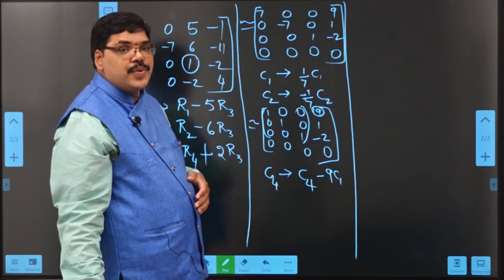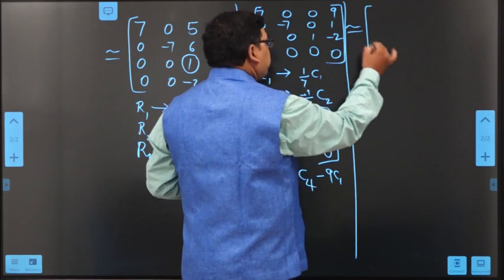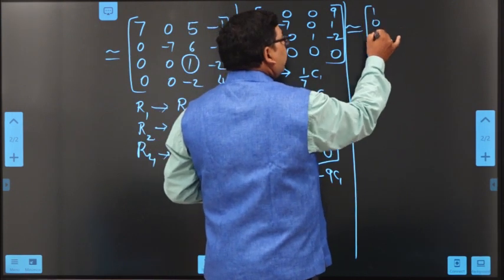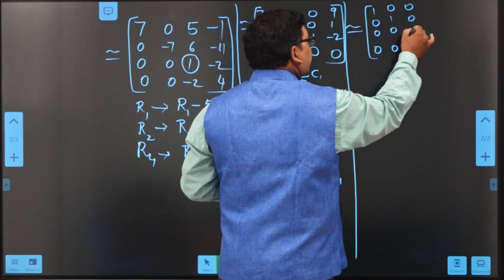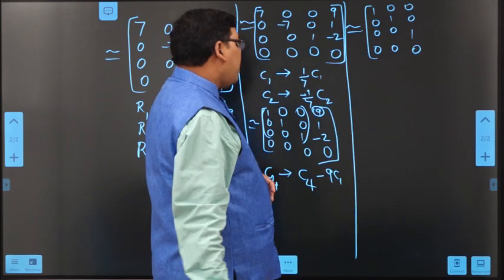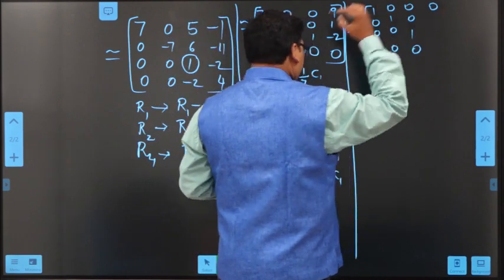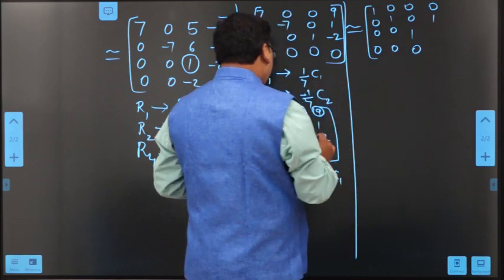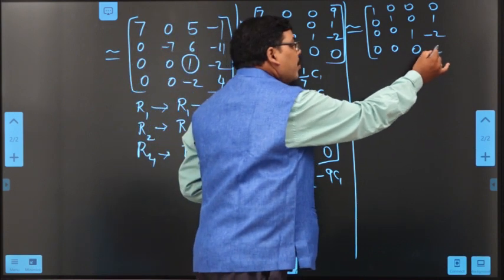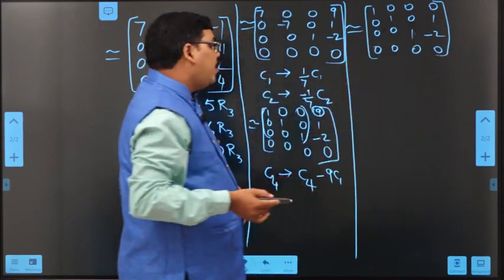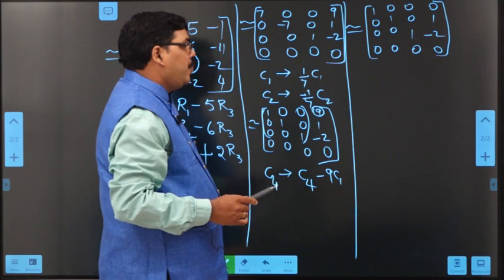C4 changes to C4 minus 9C1, which implies first column no change, second column no change, third column no change. You applied column operation on fourth column. So what is the result? 9 minus 9 0, 1 minus 0 1, minus 2 minus 0 minus 2, 0 minus 0 0.